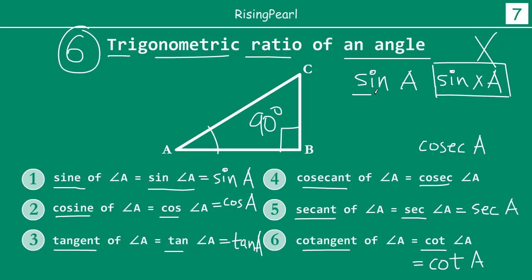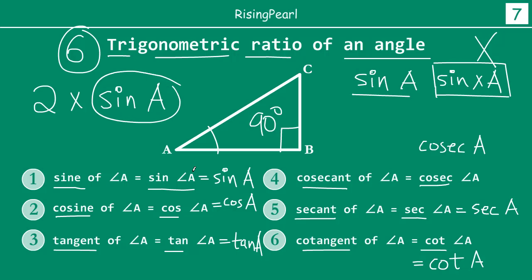Remember that sine A is one word, and this is expressing a trigonometric ratio. Similarly, suppose you want to write 2 times this. The way you write that is 2 multiplied by sine A. Because you have to always remember that sine A, which is nothing but sine of angle A, is one unit which is representing a trigonometric ratio of an angle. So if you have to write 2 times this, you will write it this way.